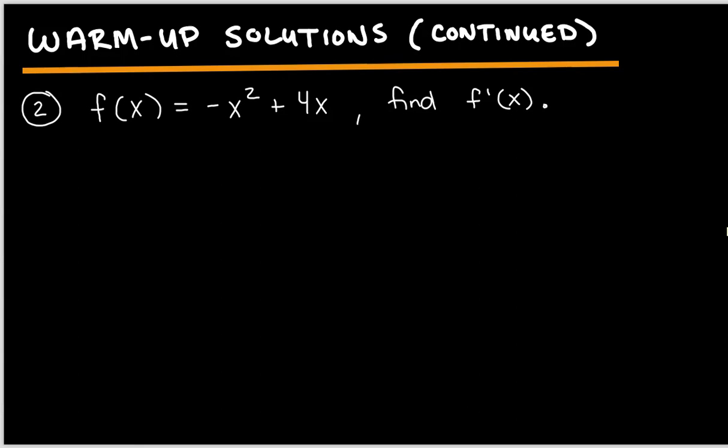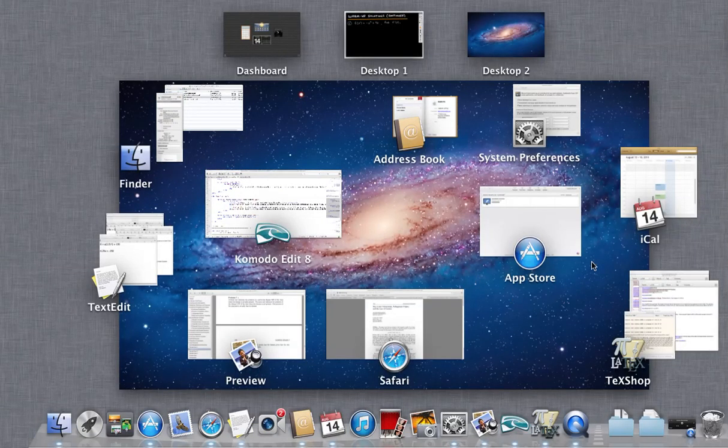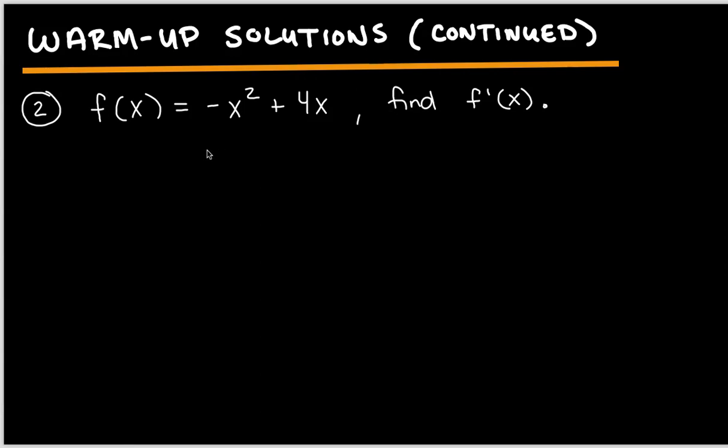So I gave you that f of x was negative x squared plus 4x, and then I asked you to find f prime of x. So using our power rule, we can say that this is negative 2 times x to the first, right? We bring this 2 down here. And then this is 4 times 1.